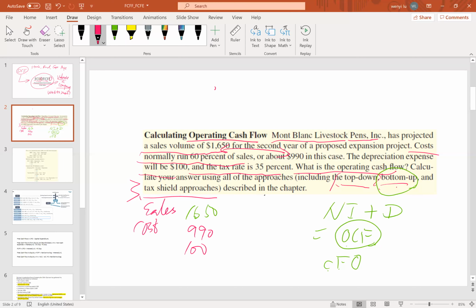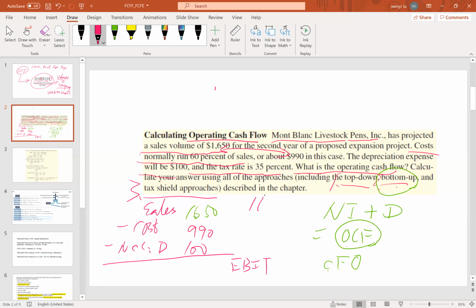And so we have the EBIT, the operating profit. That's the sales minus cost minus the non-cash charge, the depreciation here.